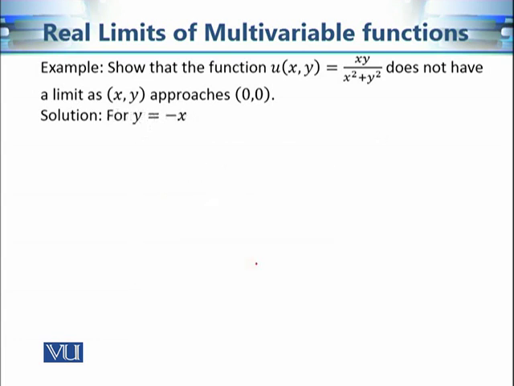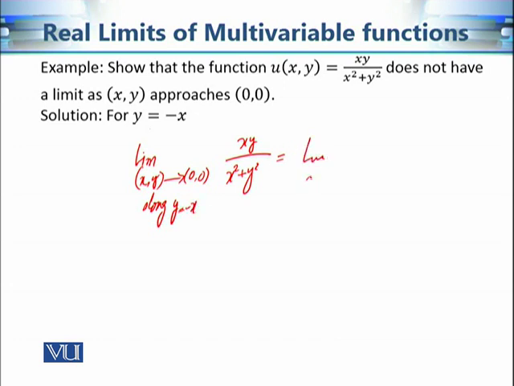Now we can calculate the limit along the other line, which is y is equal to minus x, and in this case, on the same lines, (x,y) approaching (0,0) of xy over x square plus y square, along y is equal to minus x.